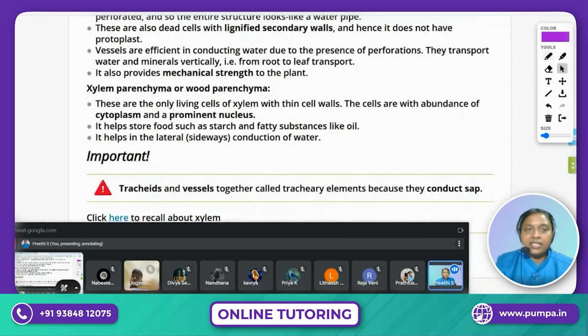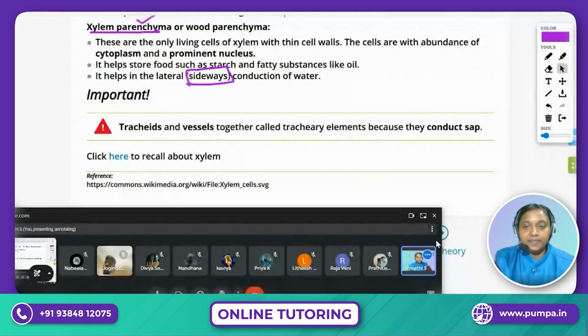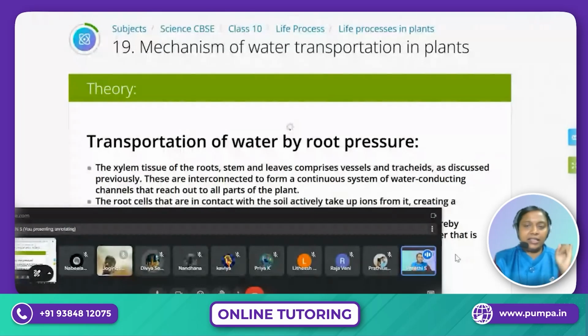And another thing: in the sideways direction, the lateral conduction of water is done by xylem parenchyma. Is it clear, everyone? So you should know that xylem conducts in one direction, xylem parenchyma alone is the living cell, and all others are dead cells. Remember this.